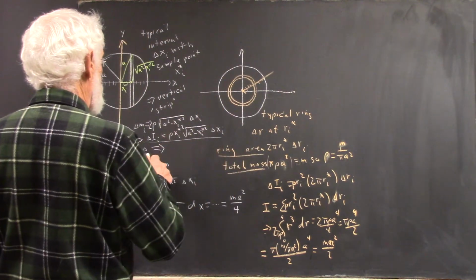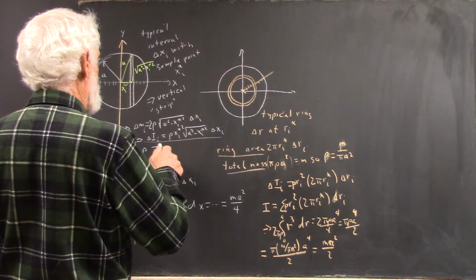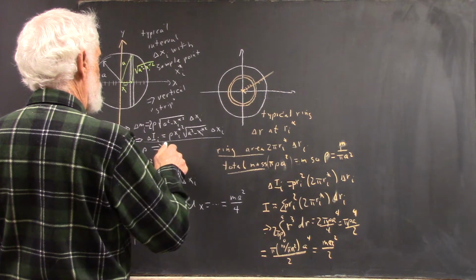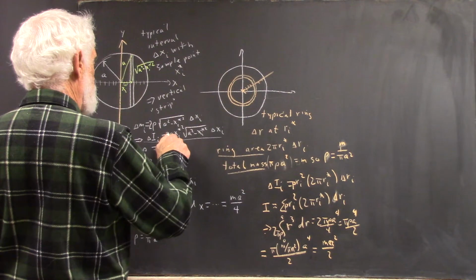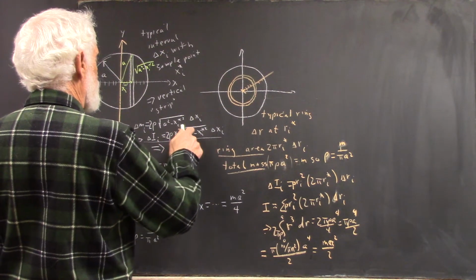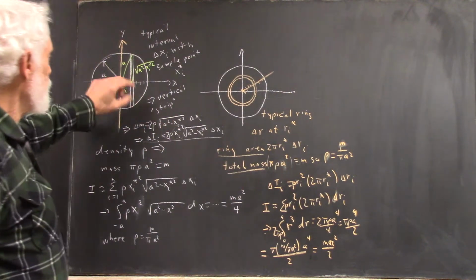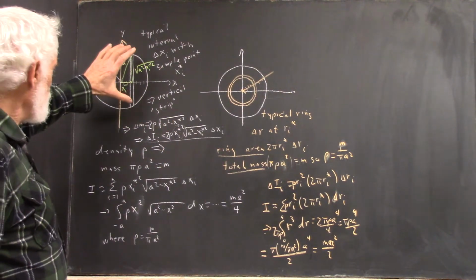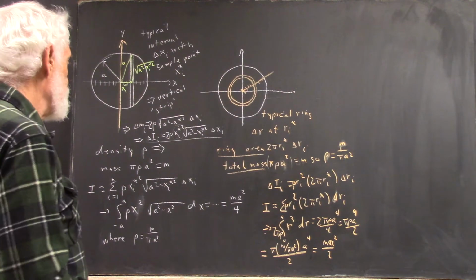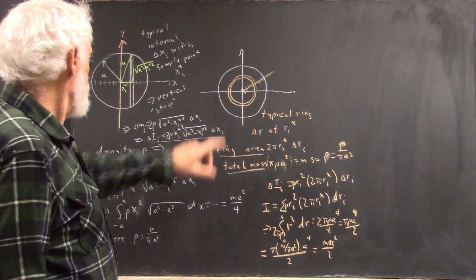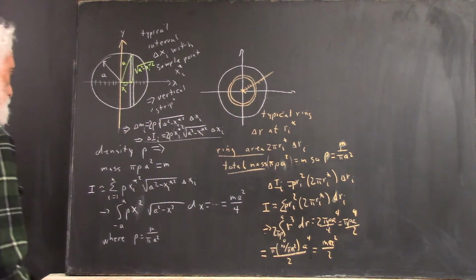So we just multiply this expression, which should have had the 2 in it, and we insert this xi star squared, xi star being the distance of the sample point within this interval from the y-axis. And here's our contribution to the moment of inertia.